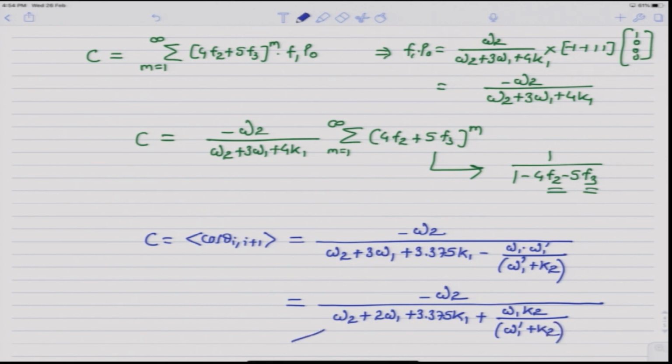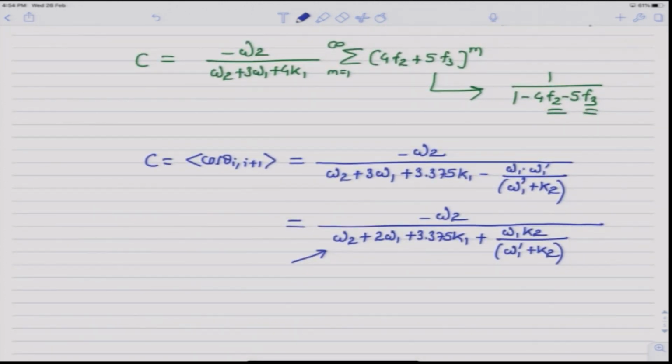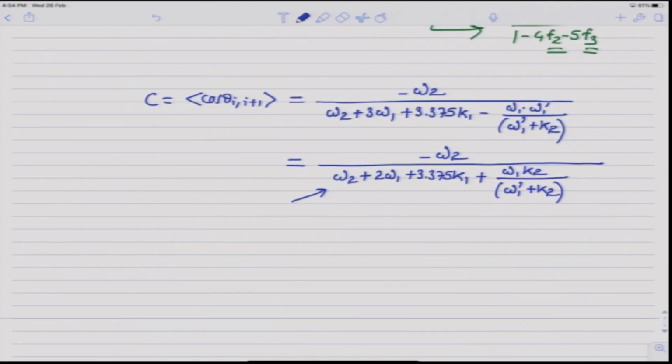The second expression is the one which was derived by Manning. Note there is a little bit of correction in Manning's paper. This should have been omega 1 prime there. Okay, so this is the expression for average cosine of I plus 1 in a BCC lattice.